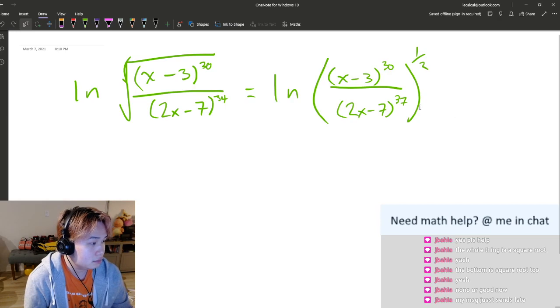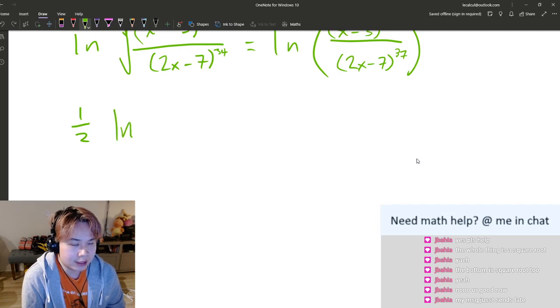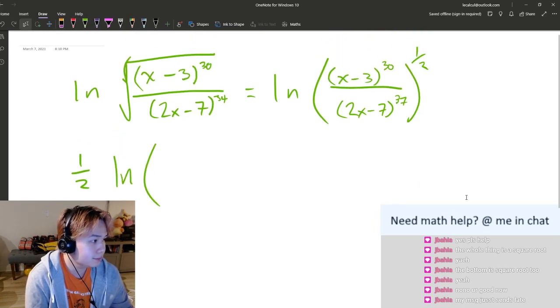And then you just make sure you use your rules, one thing at a time. And make sure you keep brackets so that everything stays organized. So what's first? We should deal with this, right? So this is 1/2 and then all of this stuff.